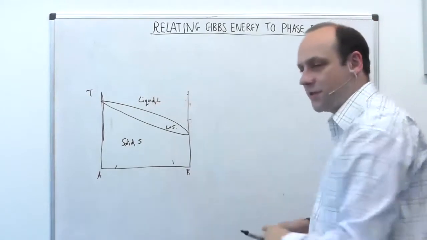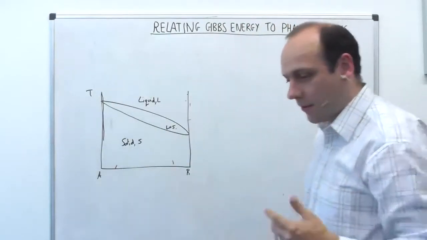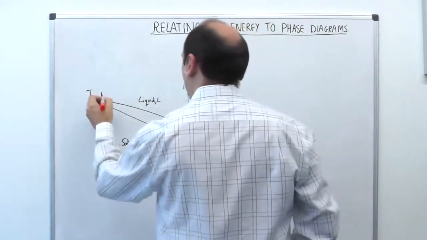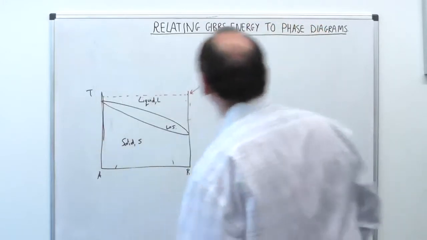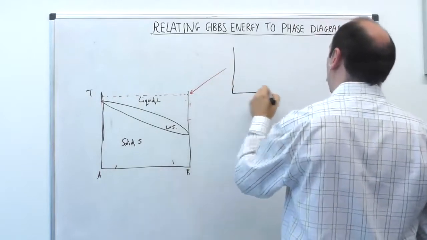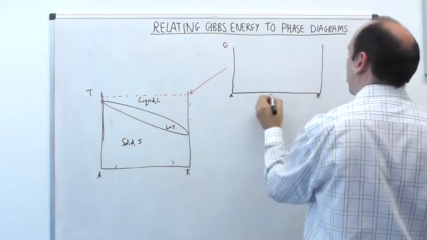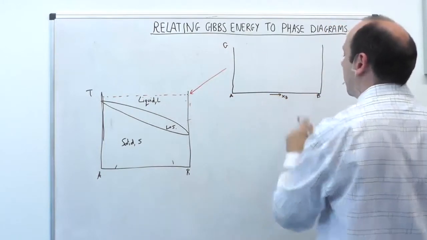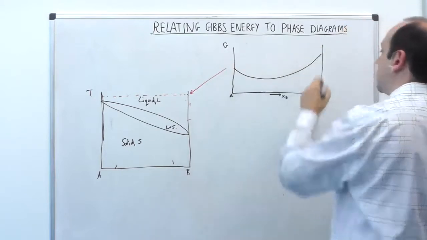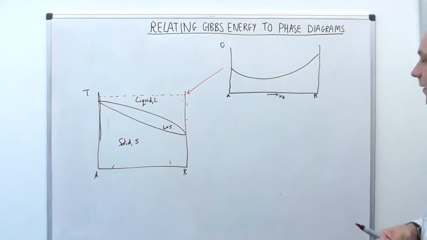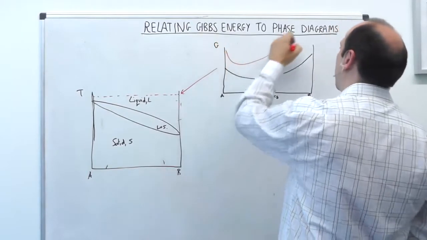At high temperatures, the liquid phase has the lowest energy across all compositions. So at this temperature, its Gibbs energy curve must look something like this. This is our Gibbs energy, going from A to B with our fraction of B. The Gibbs energy curve for the liquid is the lowest one across all possible compositions, and the solid has a curve which is higher across all compositions.